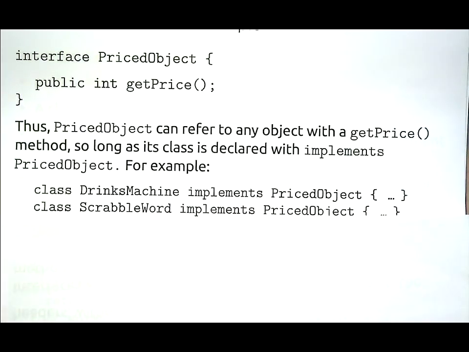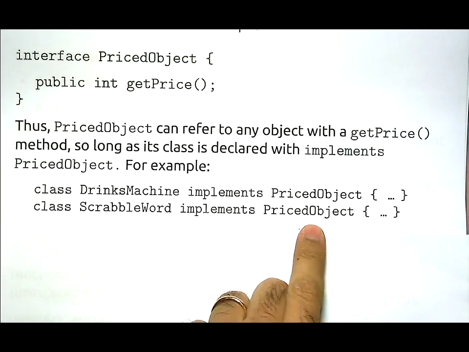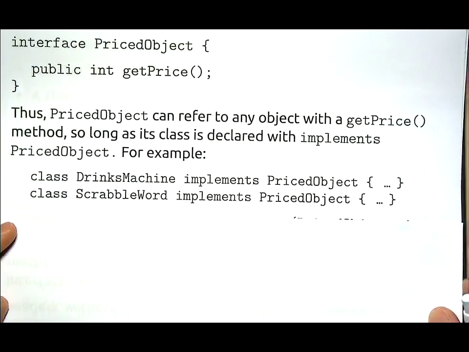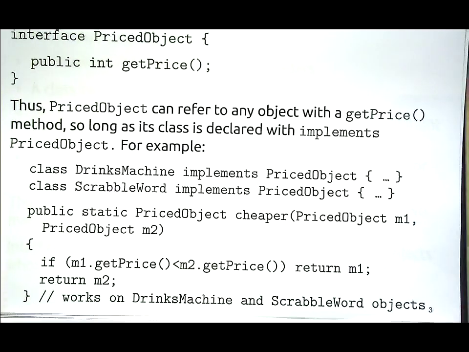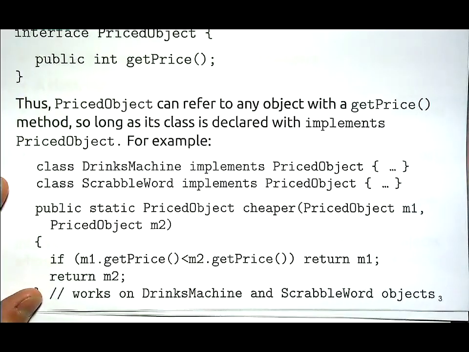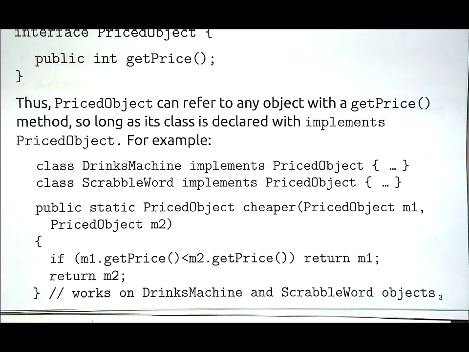A word from the game Scrabble has a price, which you can get by just adding the scores of all of its letters, and this gives you a number. You can say, okay, this is actually the price. So you can implement the PricedObject interface using a class ScrabbleWord. And not only that, but use of interfaces allows you to write generic code.